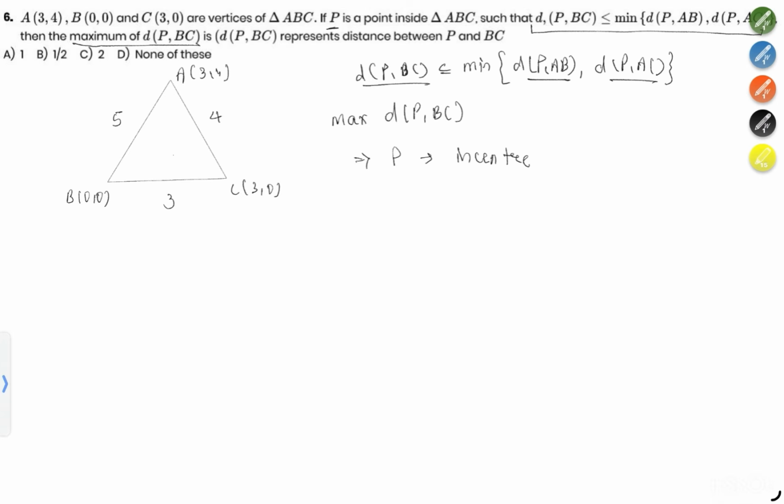So if P is the incenter, let us assume the coordinates of P are (h, k). You have to find this perpendicular distance, which is the distance they are talking about.